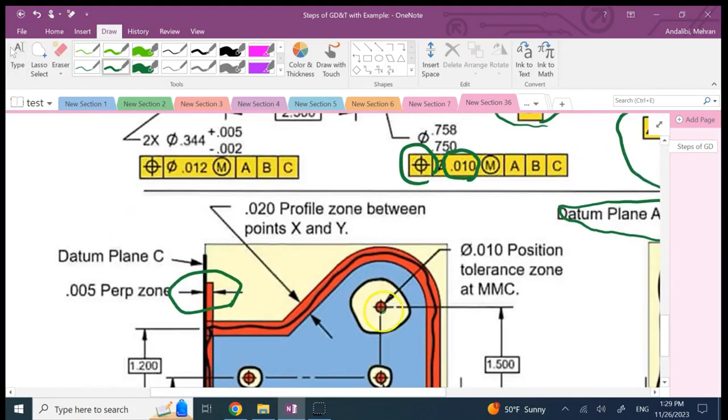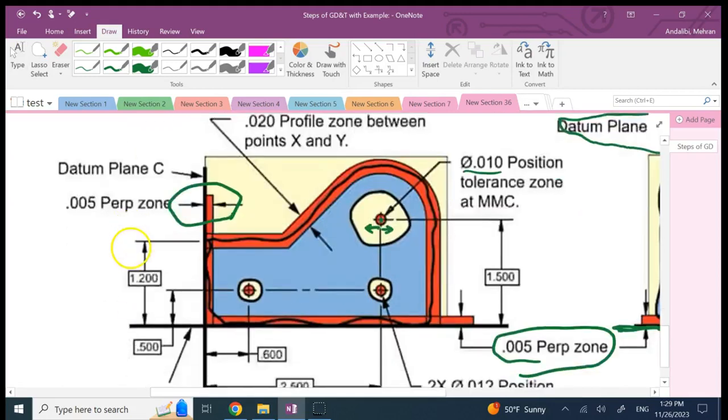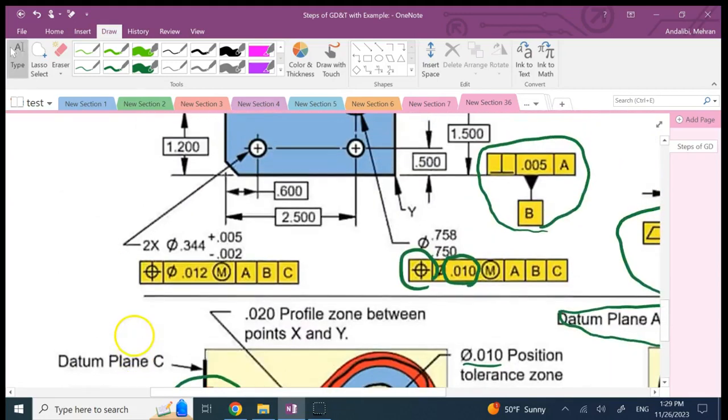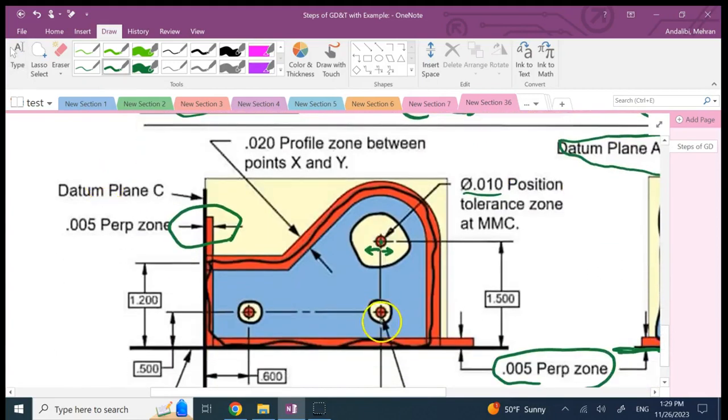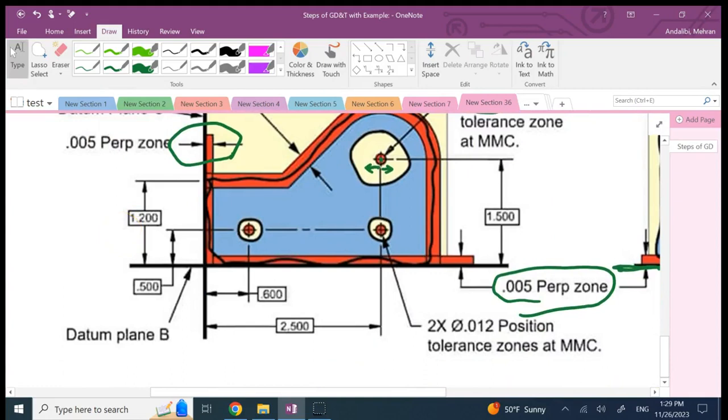You see here that the tolerance zone is a cylindrical region around the center with a diameter of 10,000. So 5,000 of that is on the right, 5,000 of that is on the left, as you can see. And the same thing for these other two holes, right? You see this 0.12 that we have for these two. Again, that's the diameter of these circles. Okay, so it's symmetric about the center.